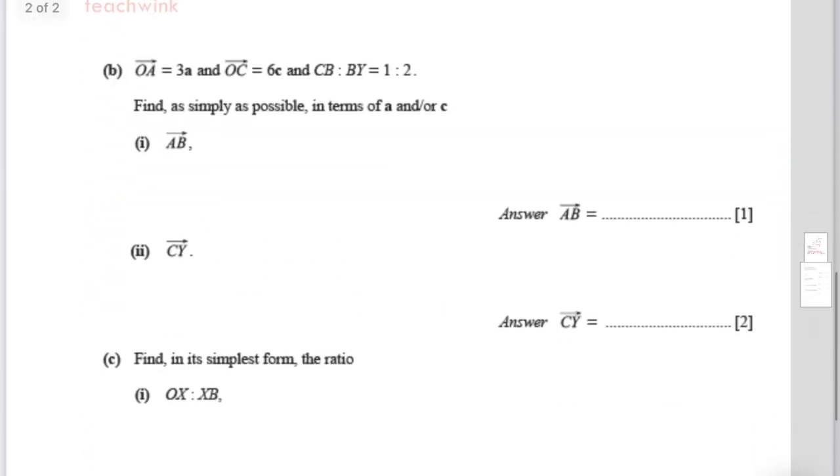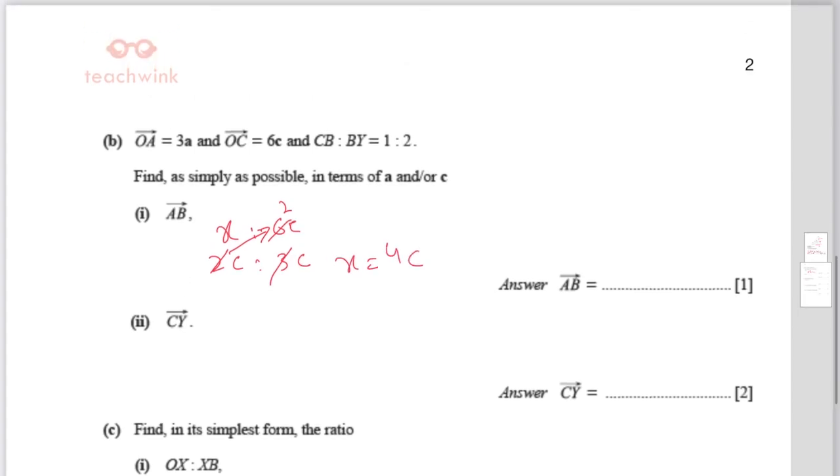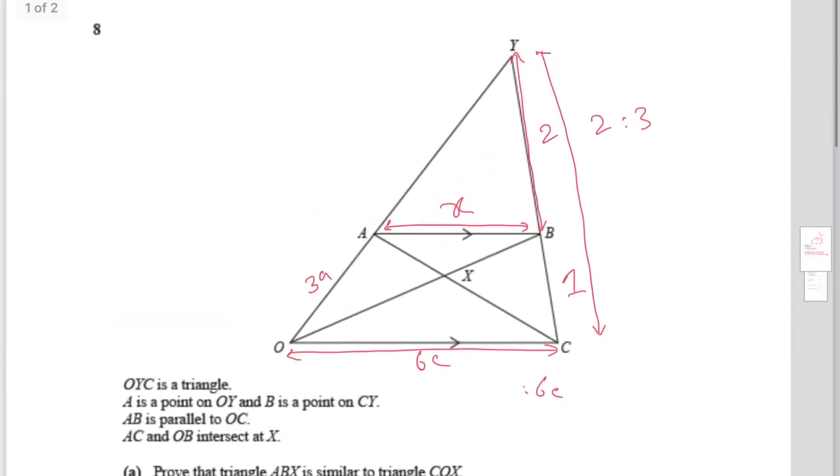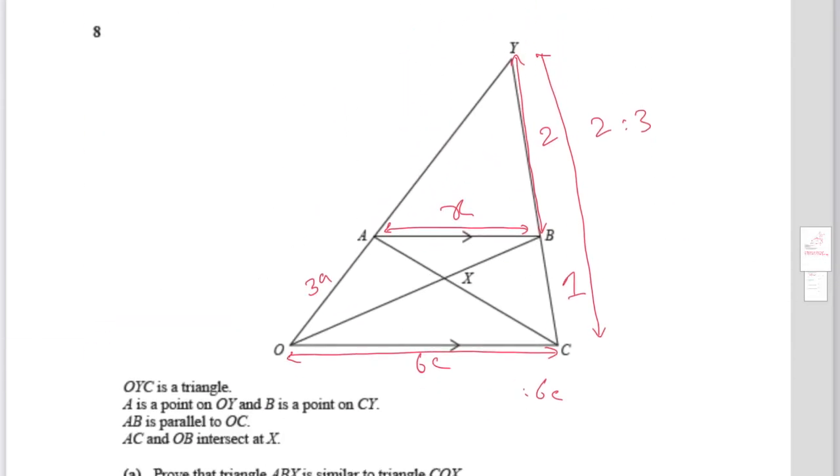So we can write X is to 6C as 2 is to 3, so X becomes 4C. So AB is 4C. I hope this made sense. We are just comparing lengths, so that's the reason why this becomes 4C.